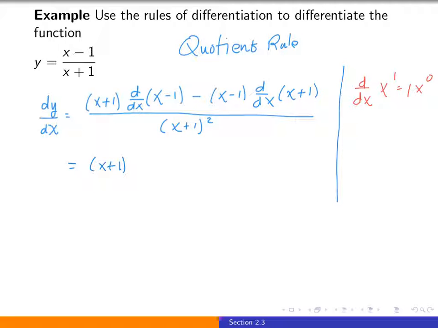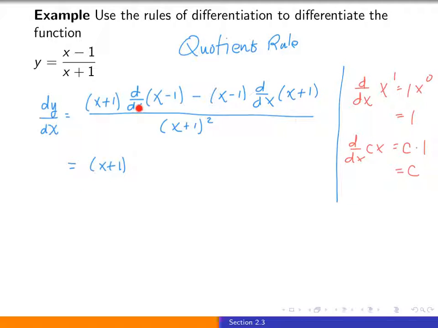So the derivative of x is simply the number 1. A similar formula tells us that if you have the derivative of any constant times x, you pull the constant out front, and what remains is the derivative of x, which is 1. So the derivative of any constant times x is that constant.